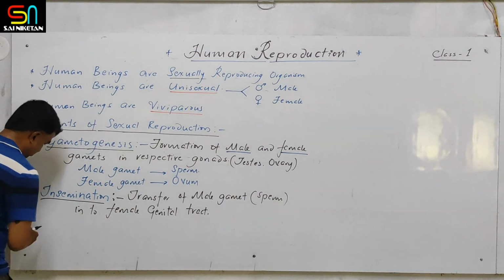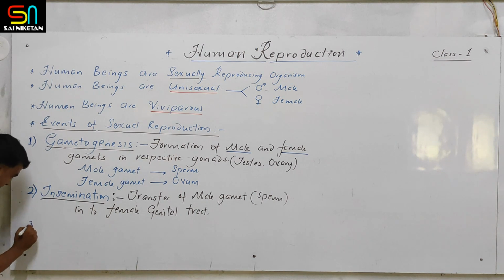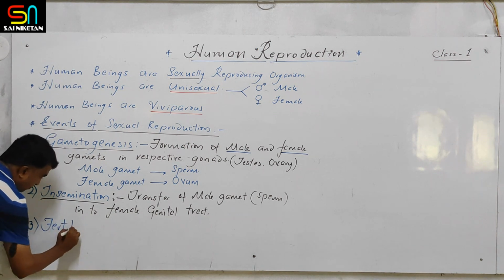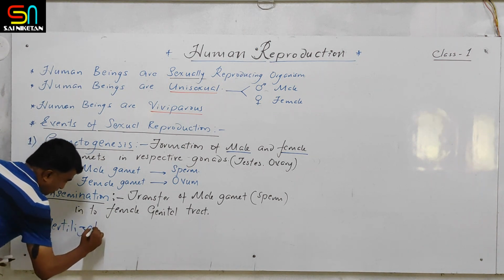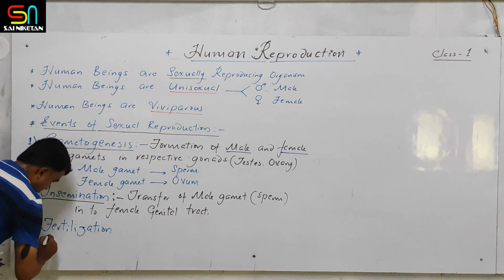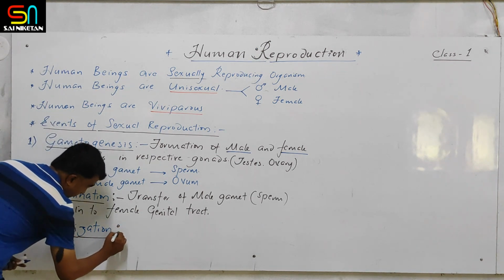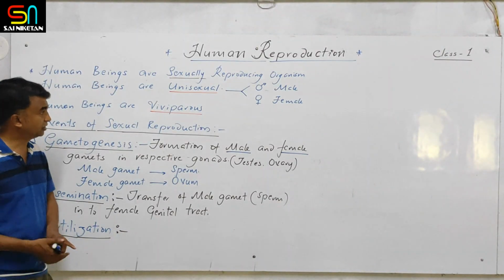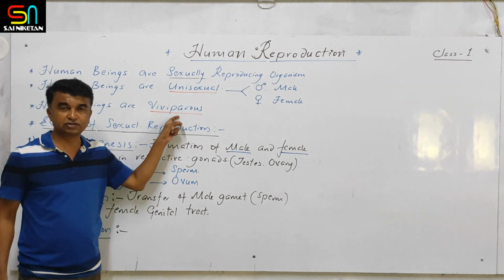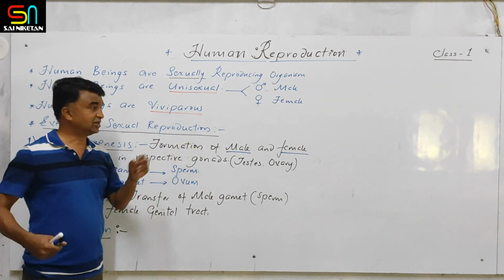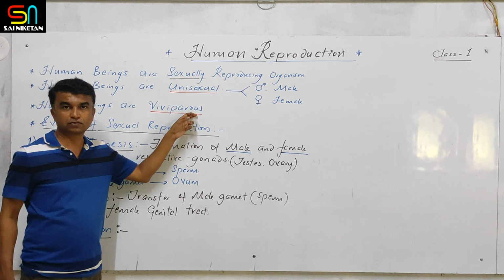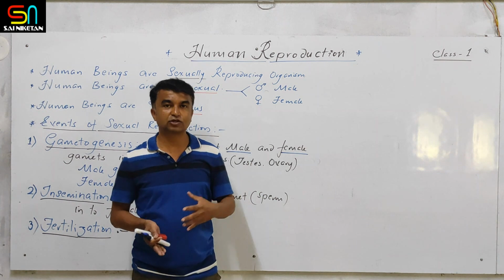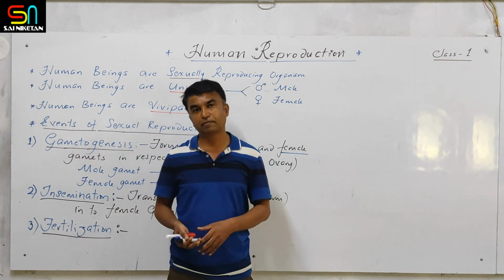After insemination, the third and important event is fertilization. Now, where will fertilization take place? Humans are viviparous, so obviously fertilization takes place inside the body. In the first year, in the animal kingdom, we covered some terminology: internal fertilization, external fertilization, internal development, external development.